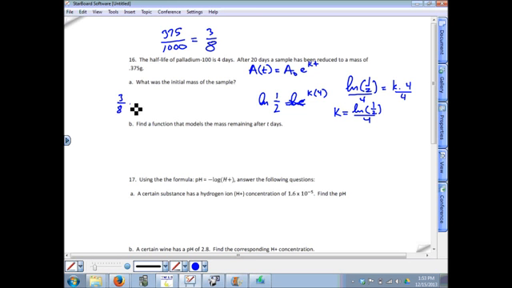So we could say that 3/8 is equal to the initial amount, which we don't know, times e to the natural log of 1/2 divided by 4, and then we let time equal 20 days. Now 20 over 4 can reduce to 5.